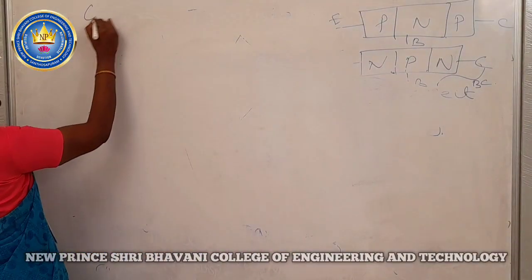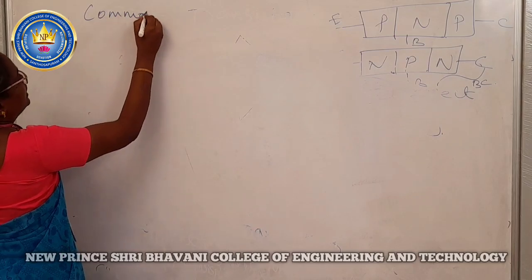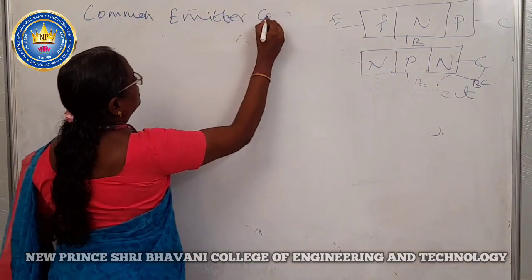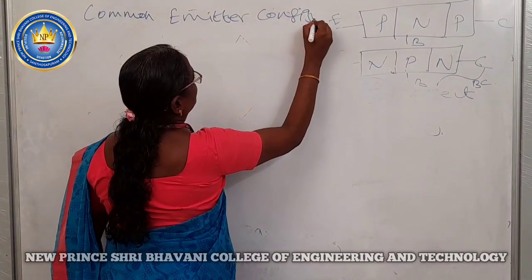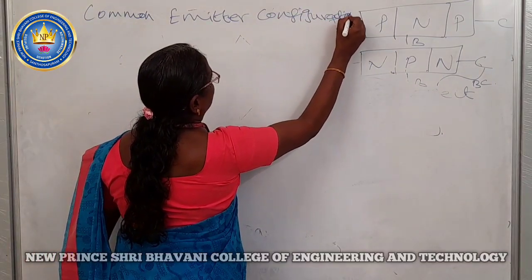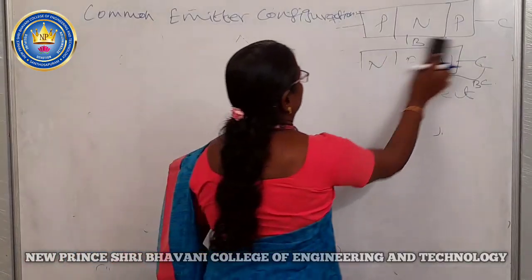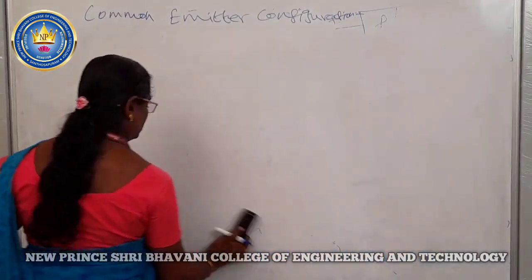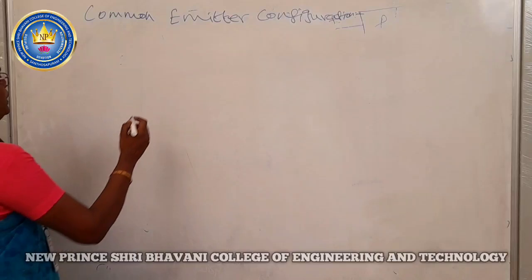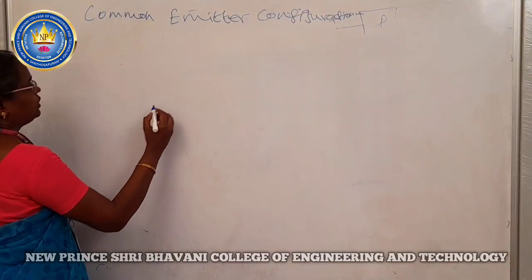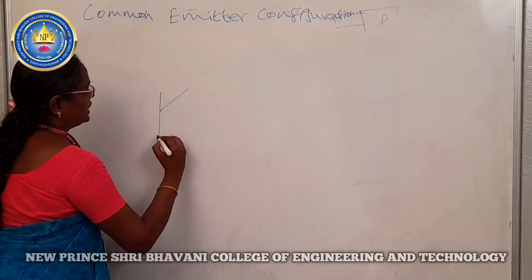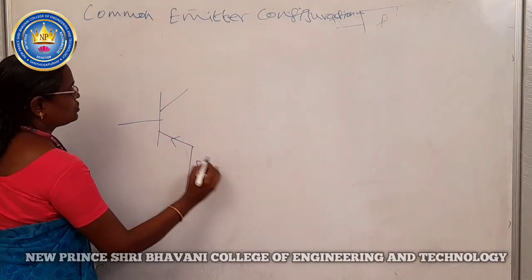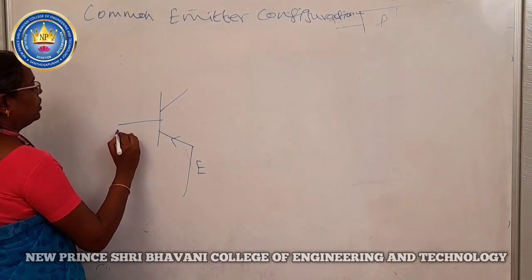First one, common emitter configuration. This is the circuit diagram for common emitter configuration. We can choose either PNP or NPN.